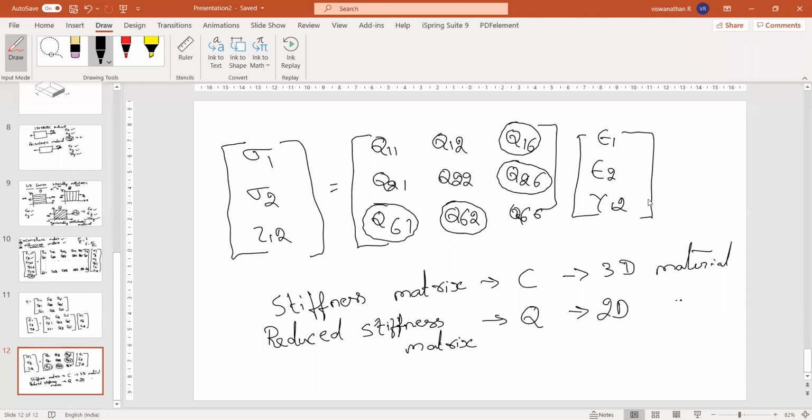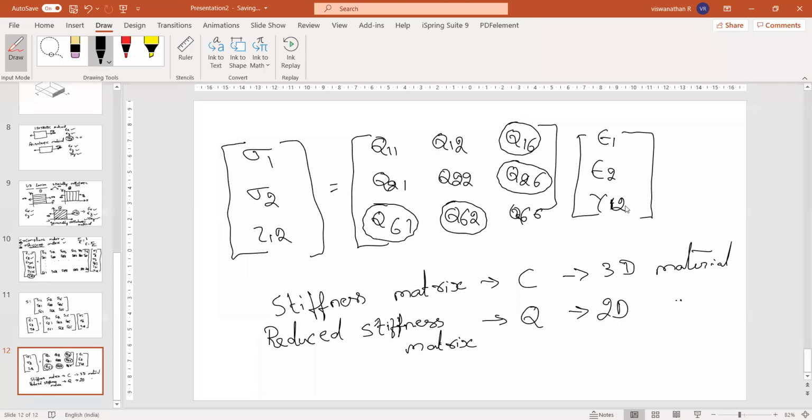Epsilon X and epsilon Y. Epsilon 1 and epsilon 2. If you don't get gamma 1, 2, then that kind of material is what? Isotropic. It behaves like isotropic, but it's not isotropic.